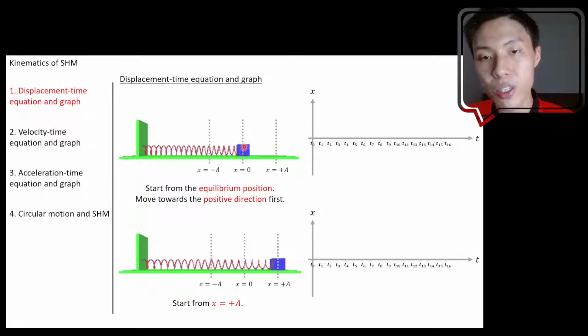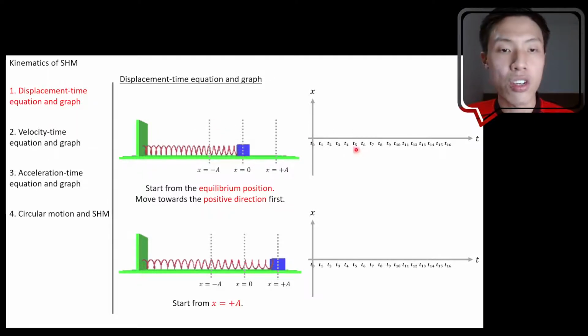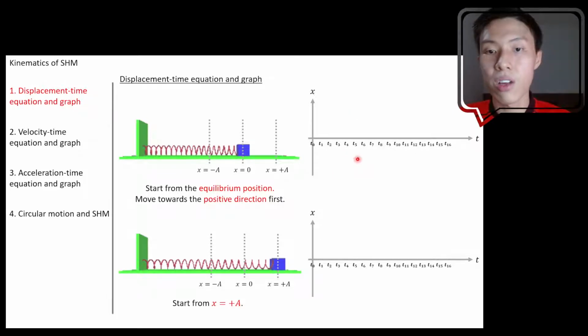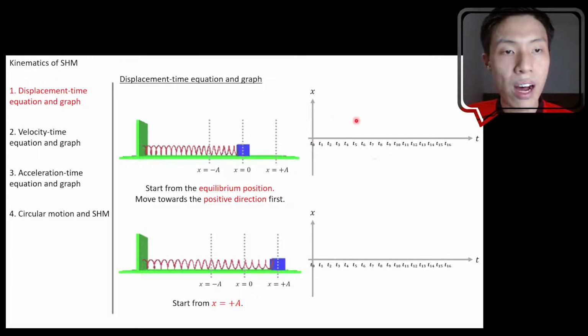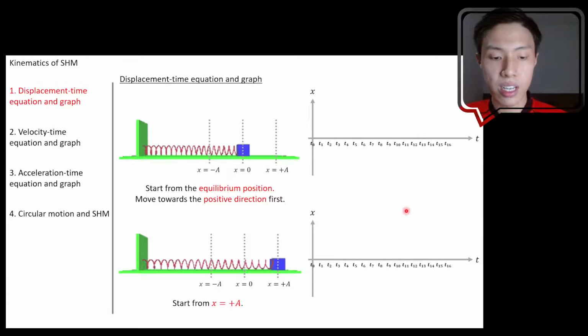Whereas if our object is at the negative side of the equilibrium position, you should expect the displacement to be below the time axis because it's a negative displacement. So larger value means further away, above the time axis means it's towards the right, below the time axis means it's towards the left. Now let's start and observe how these things move, and at the same time observe how I plot this graph. So let's start.